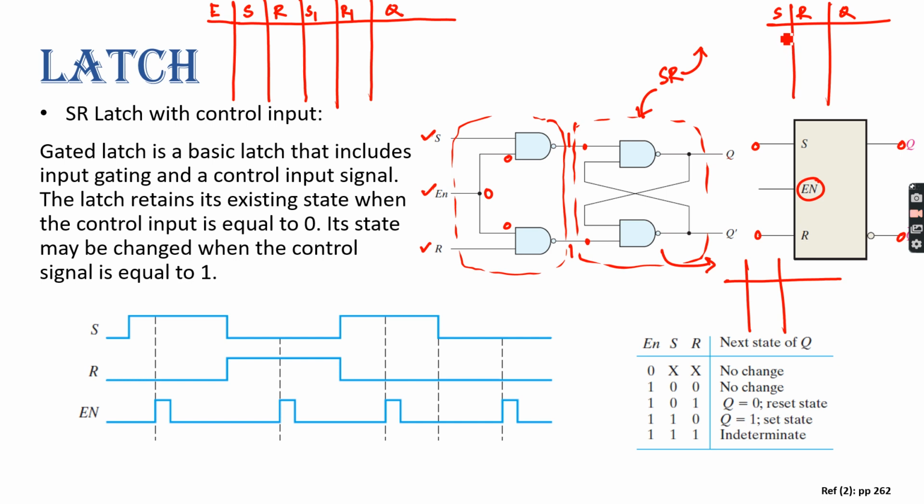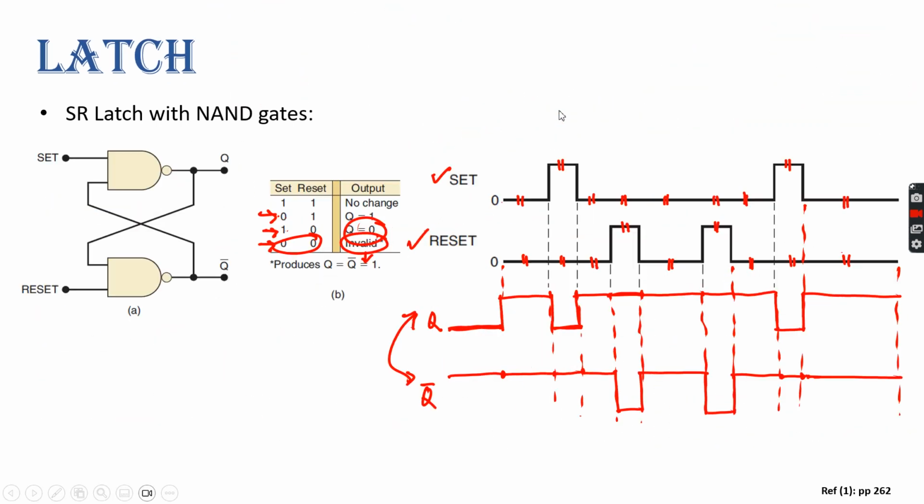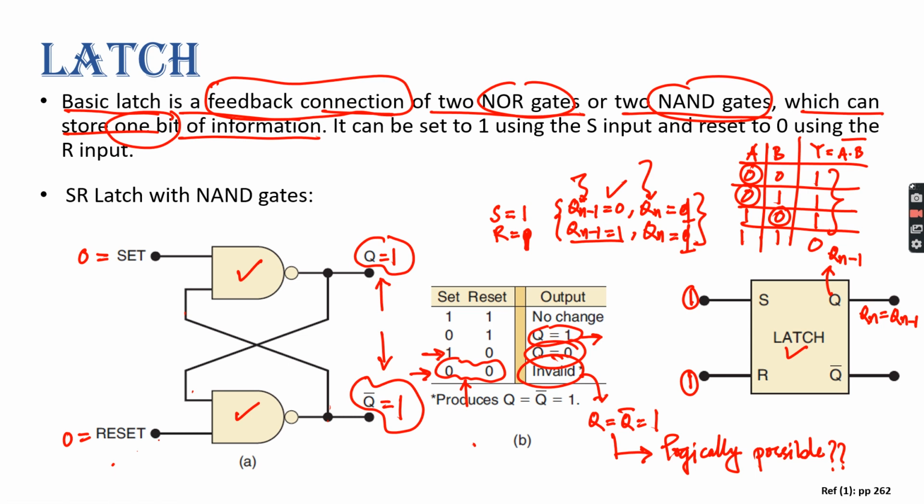If both are 1, there will be no change, right? Yes, sir. If it is 0, 1, it becomes 1. If it is 1, 0, it becomes 0. And if it is 0, 0, the output is invalid, right? Yes, sir. That's what we get, right? 1, 1, no change. 0, 1, 1, 1, 0, 0, and 0, 0, invalid.